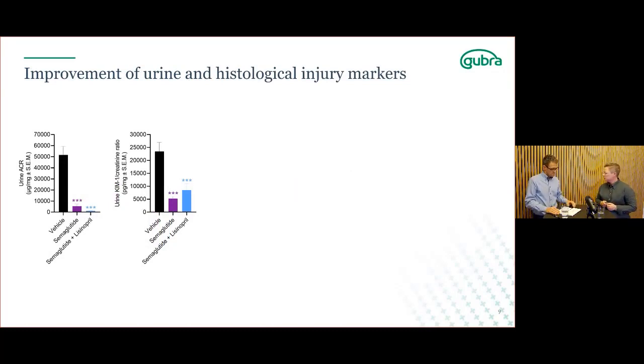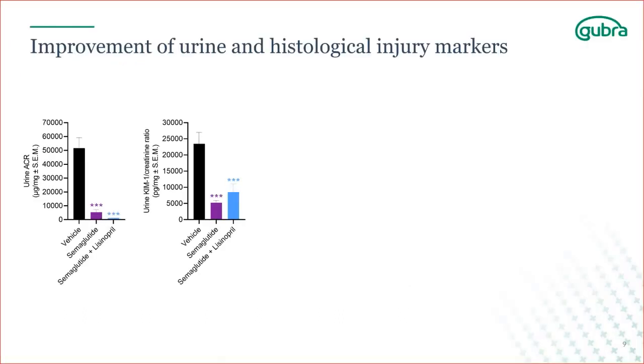We did look at albuminuria, and we saw impressive effects even with semaglutide alone, shown on the left graph. We also looked at urine excretion of kidney injury molecule 1, a marker of proximal tubular injury in the kidneys, and that is also significantly reduced, in particular with semaglutide.